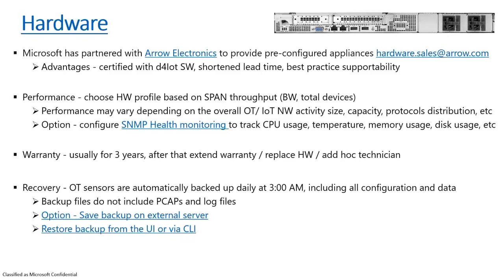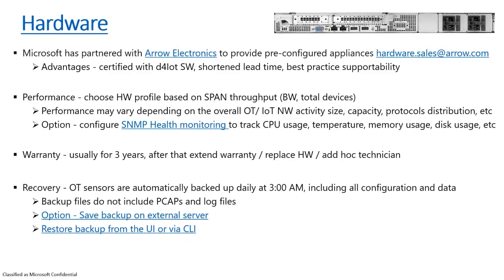But we would still recommend our customers keep in mind other factors that affect performance, like network activity size, capacity, protocols, distributions, etc. These also play a part in identifying the performance.